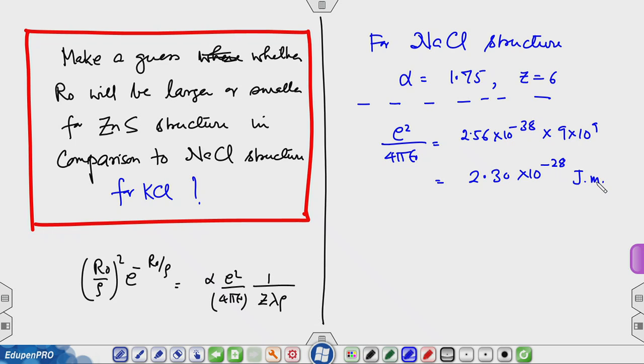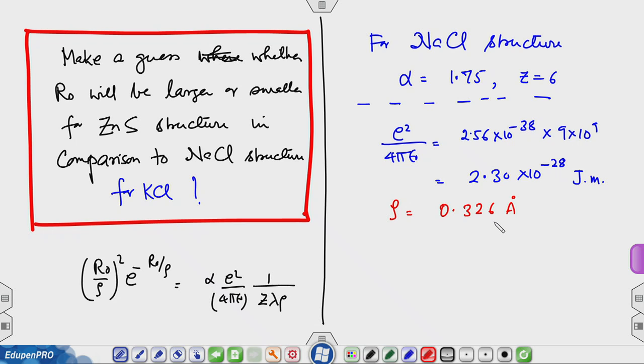Only alpha and z differ, and rho is given to be 0.326 angstrom.